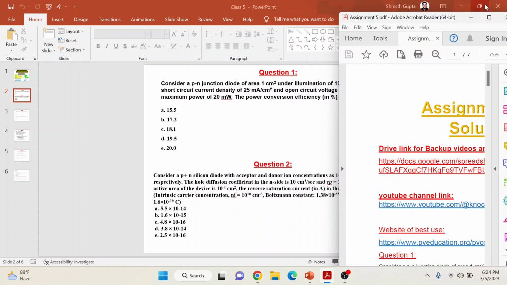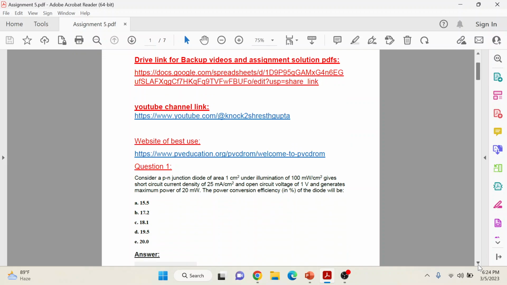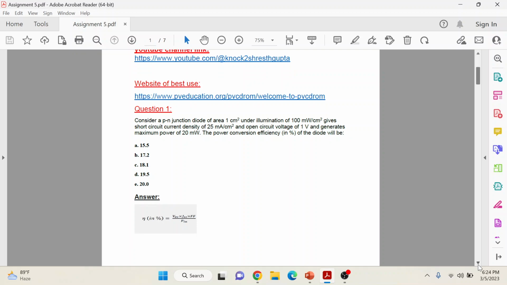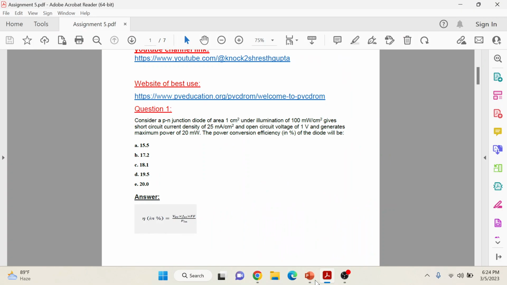In every PDF I'm sharing a drive backup and website for best use. So the question was asking about the power conversion efficiency. First I calculate the fill factor, then multiply by Isc and Voc, divided by the power Pin, which is area times illumination.